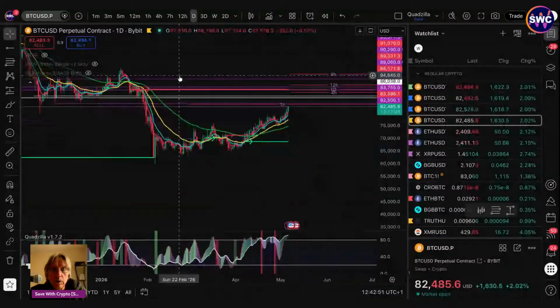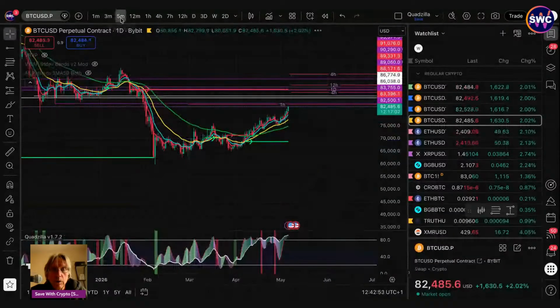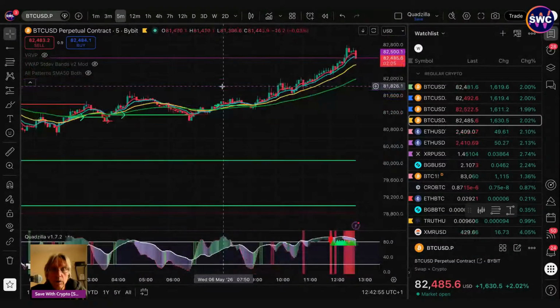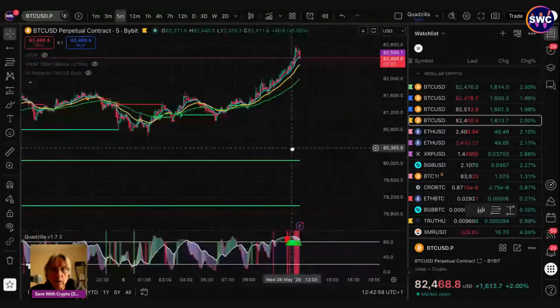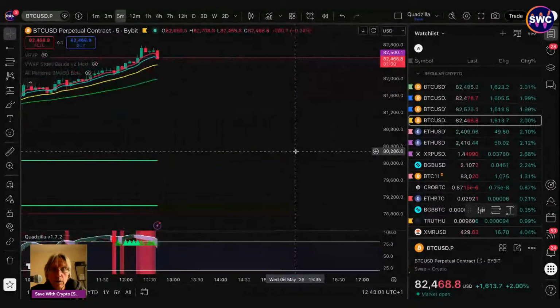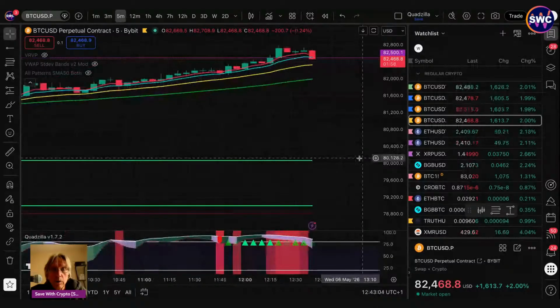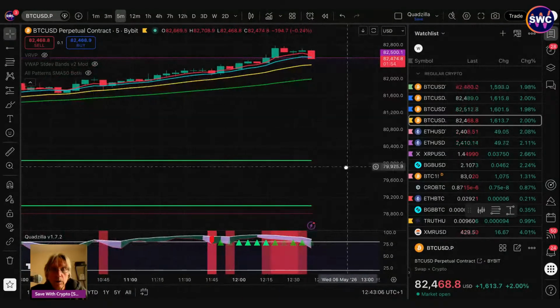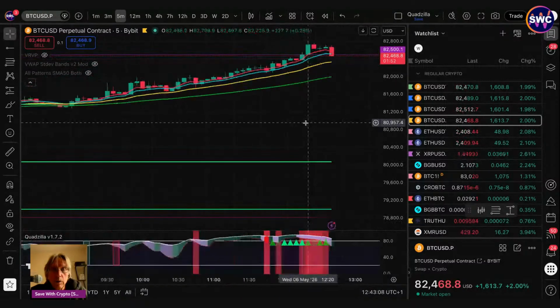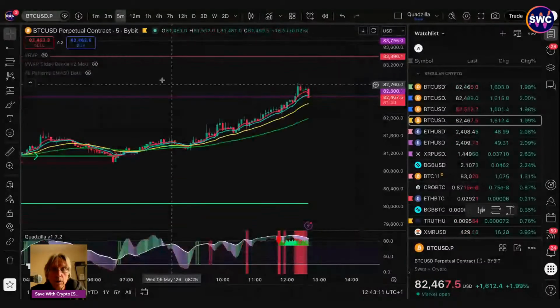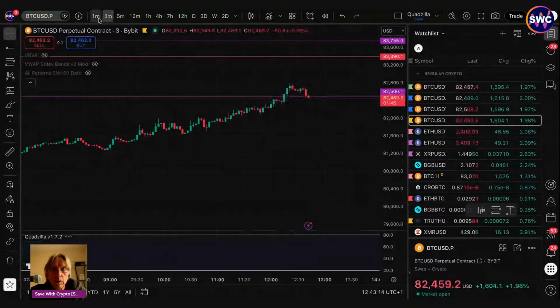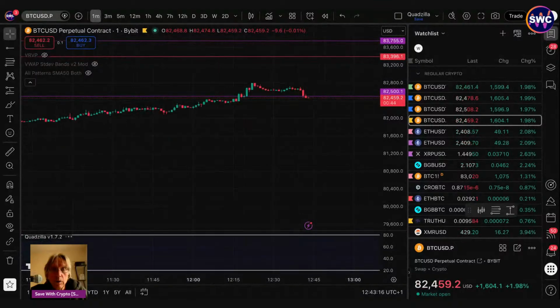Let's just go into the, I don't know, 5 minute. Okay. You can see all these trend shields going mad here, even on the 5 minute, can't you? Let's get rid of that bit.